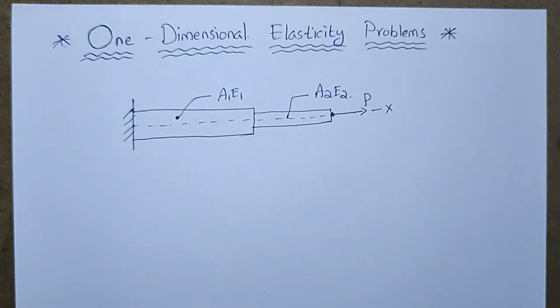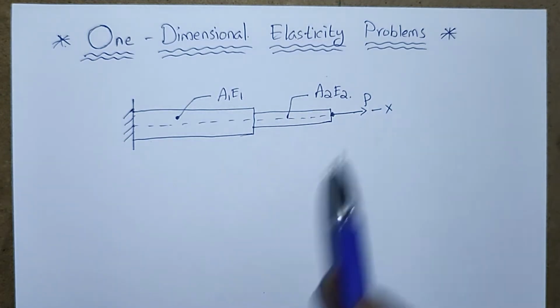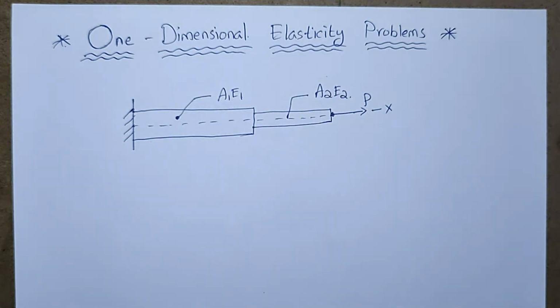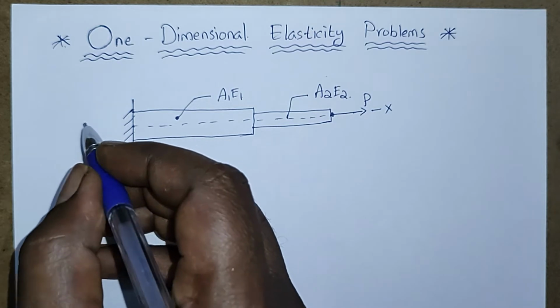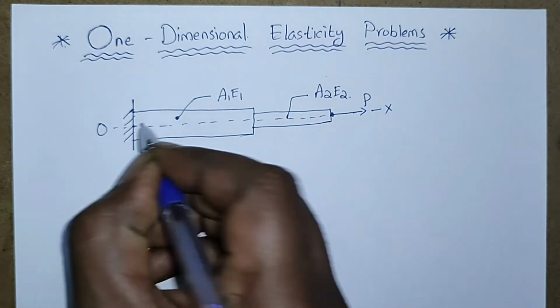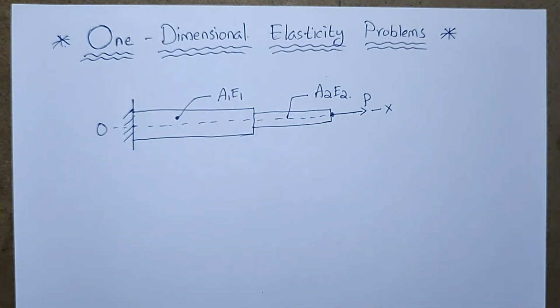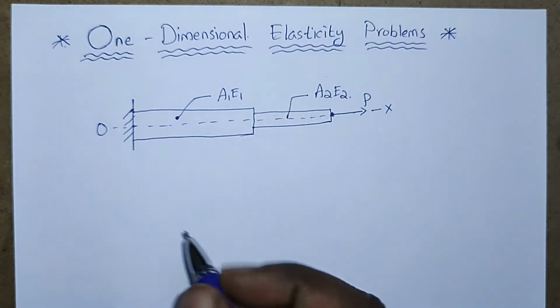Here we can understand it is an introduction of a stepped bar subject to axial load P. So now this we have plotted, and this is the axis. Now we will plot the length for the given stepped bar.